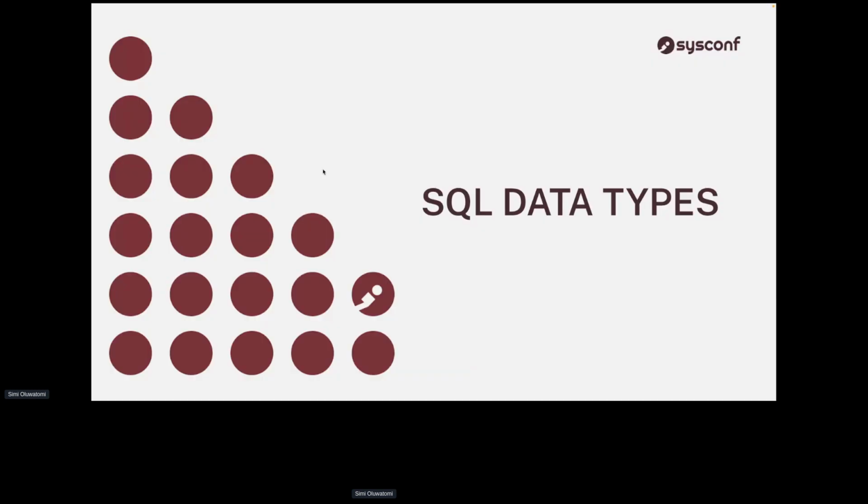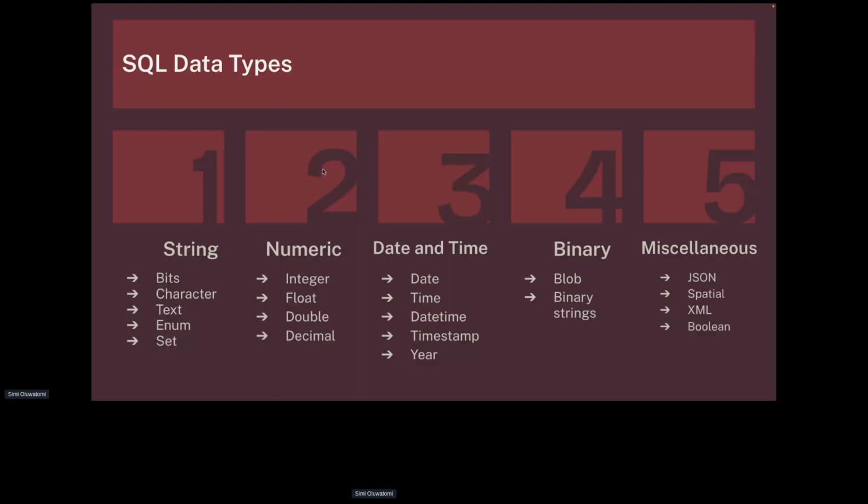So to start with, let us talk about SQL data types. Basically, SQL says that if you want to store data in a column in a database, you should specify what kind of data that is upfront. Now, it doesn't mean you can't change from one data type to another. You can.